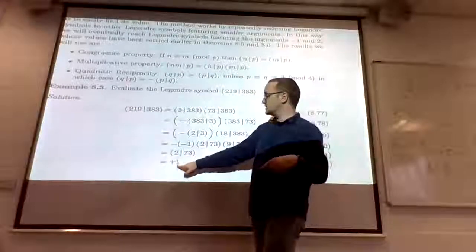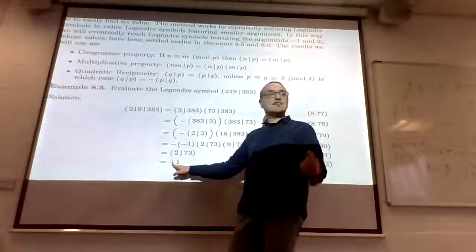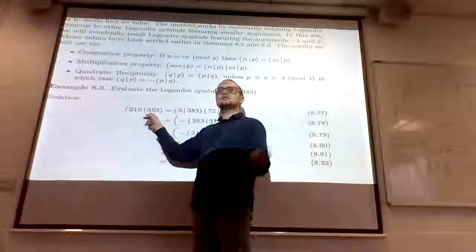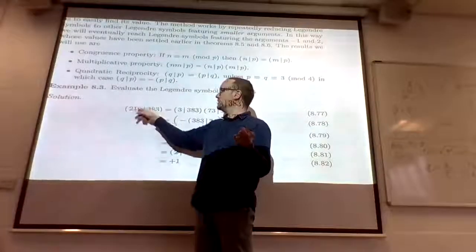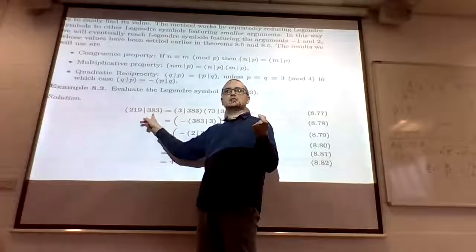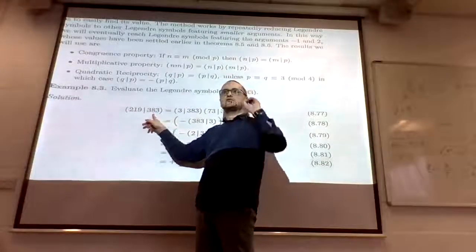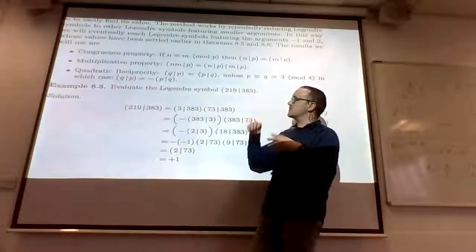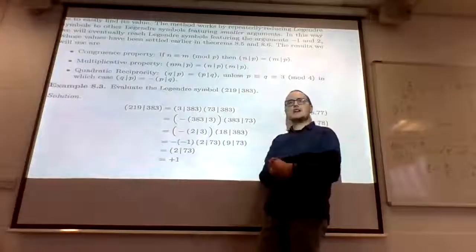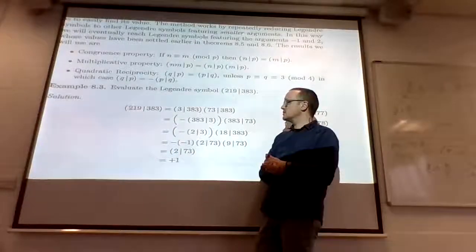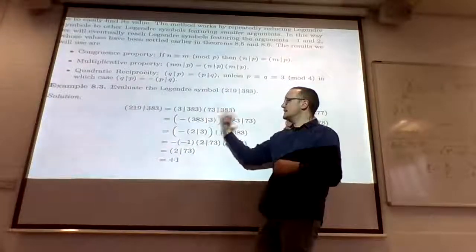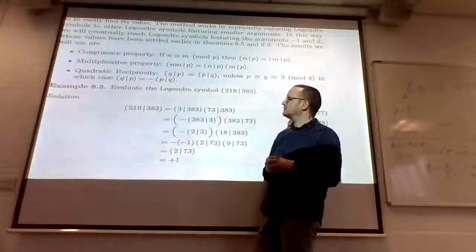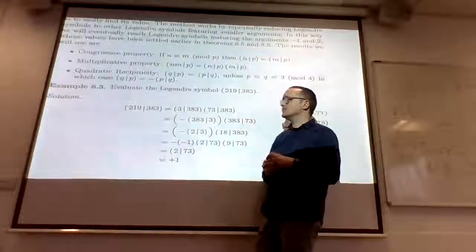I'll take your question in one moment. So we end up with a value of plus 1, so this Legendre symbol is plus 1. So it's telling us that 219 is a quadratic residue modulo 383. So it answers yes. So it's a very algorithmic process, and we'll fully describe and specify the algorithm and get some more practice with it in due course. It's reminiscent to me of the Euclidean algorithm, this kind of reduction algorithm, a downward induction algorithm.